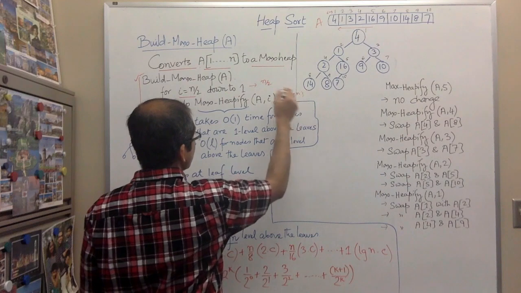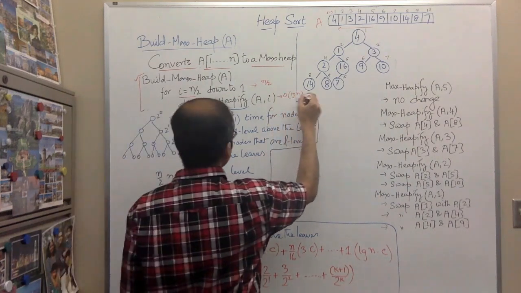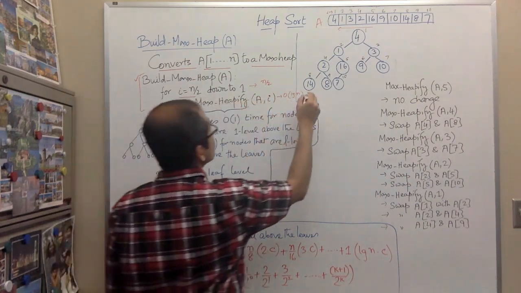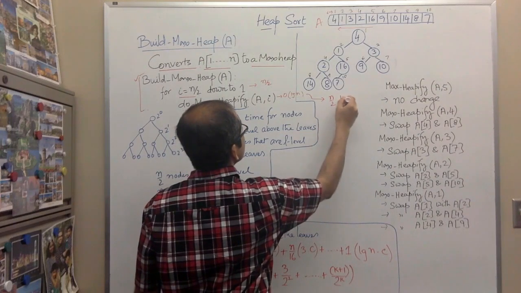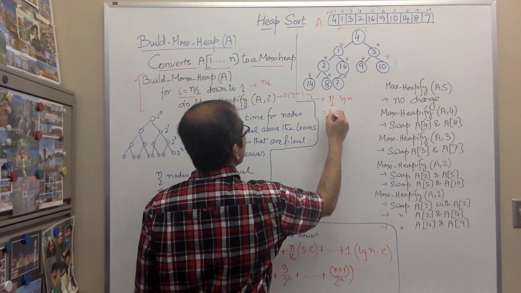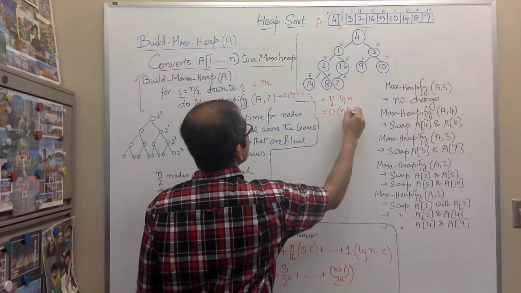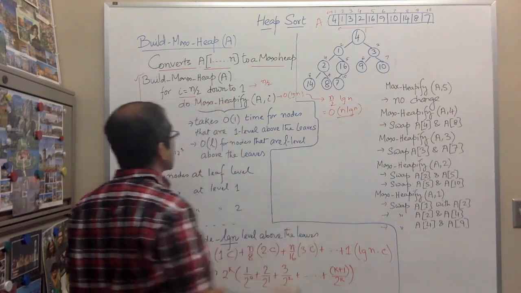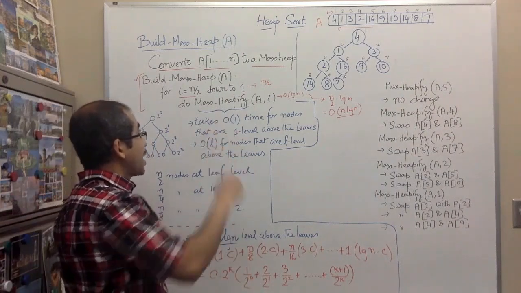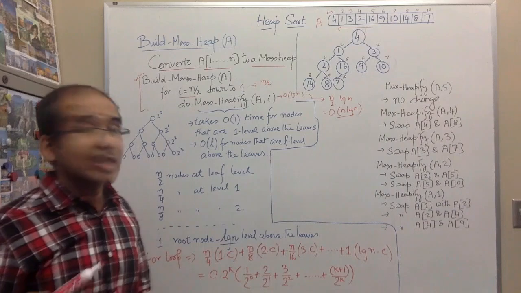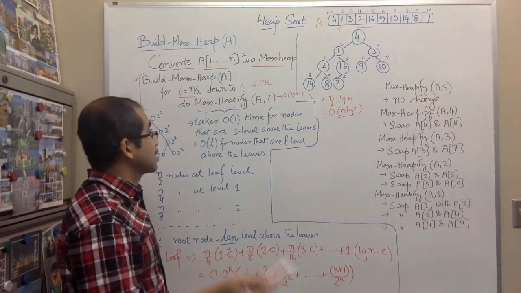Since there is a for loop, we multiply the two, so it runs n by 2 times log n, which is order of n log n. Every max heapification takes log n time, so it's n times log n, simple multiplication.